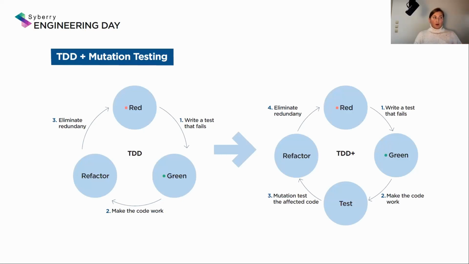But if in our team we stick to the test-driven development approach, we create functionality, we have tests for it, and in our usual TDD flow we can just add one more step. First we write a test that fails, then we make the code work, and then we apply mutation testing on the affected code.